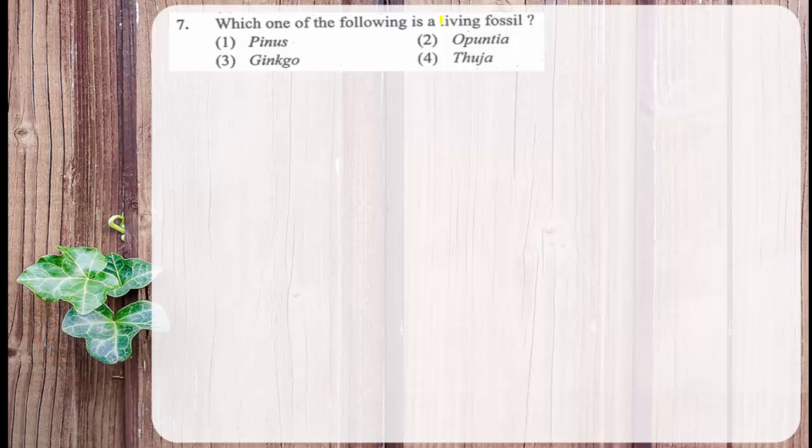Living fossil means only one member of that group is living or present on the earth and remaining members have become extinct. All the remaining members have become extinct and only one plant is living on the earth to represent entire group. Such a plant is called living fossil.